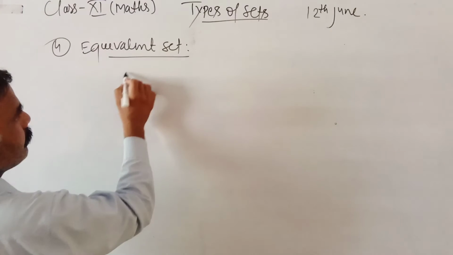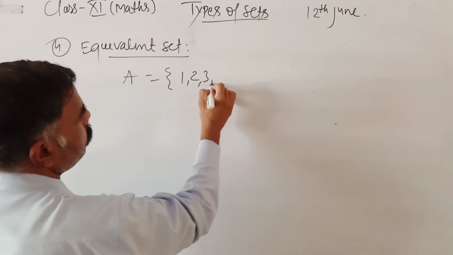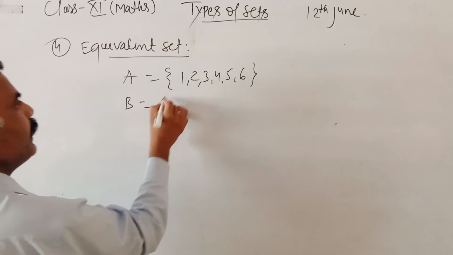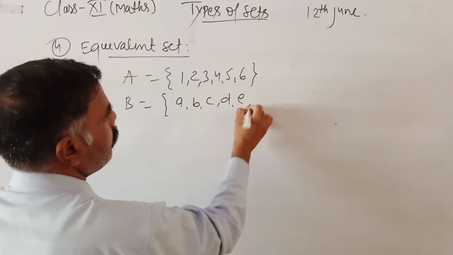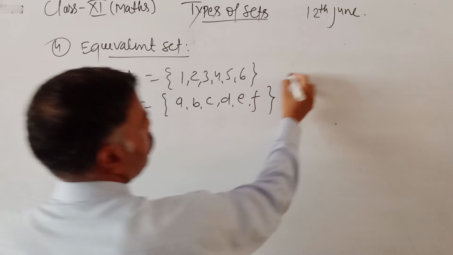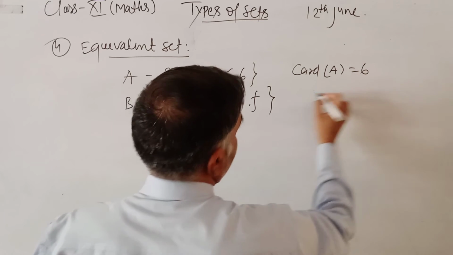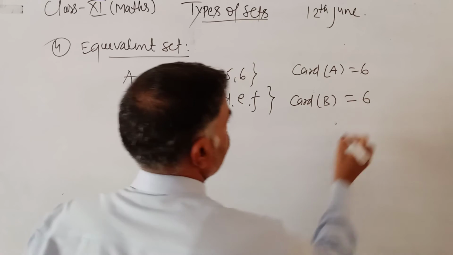Suppose set A has the elements 1, 2, 3, 4, 5, 6, and set B has the elements A, B, C, D, E, F. Now the cardinal number of set A is 6, and the cardinal number of set B is also 6.